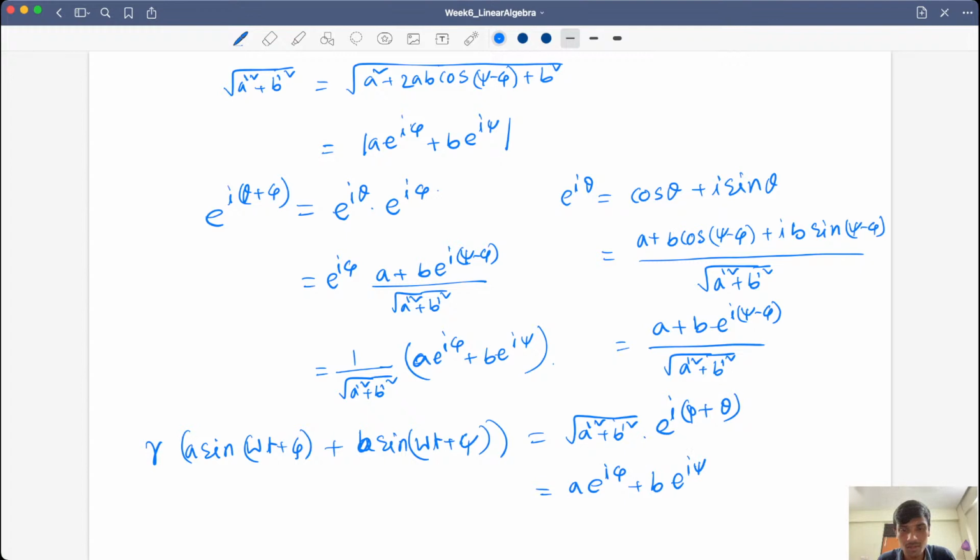So that's what we wanted to show. This is nothing but gamma of a sin omega t plus phi plus gamma of b sin omega t plus psi. Okay, so we don't need this one.